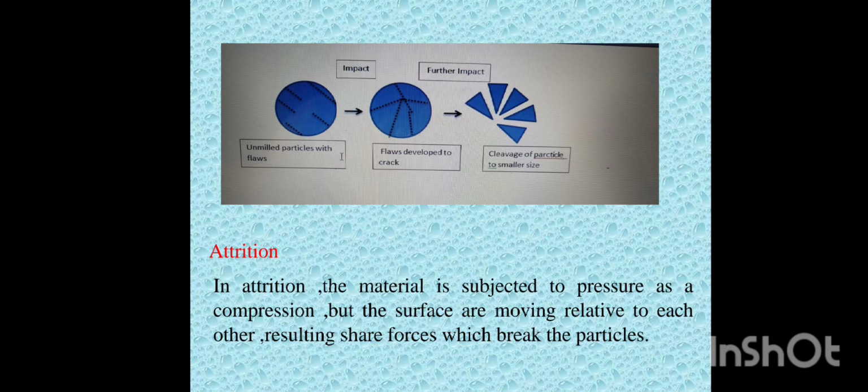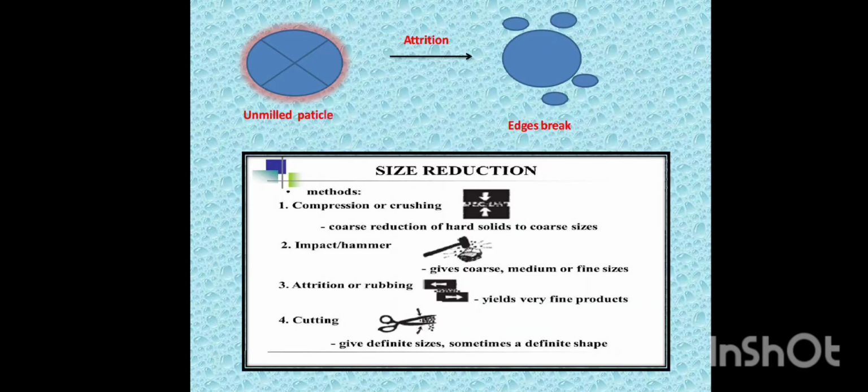Now the next and last mechanism of size reduction is attrition. In attrition, the material is subjected to pressure as in compression, but the surfaces are moving relative to each other, resulting in shear force which breaks the particle. Suppose I have the unmilled particle and I continuously rub the particles against each other.